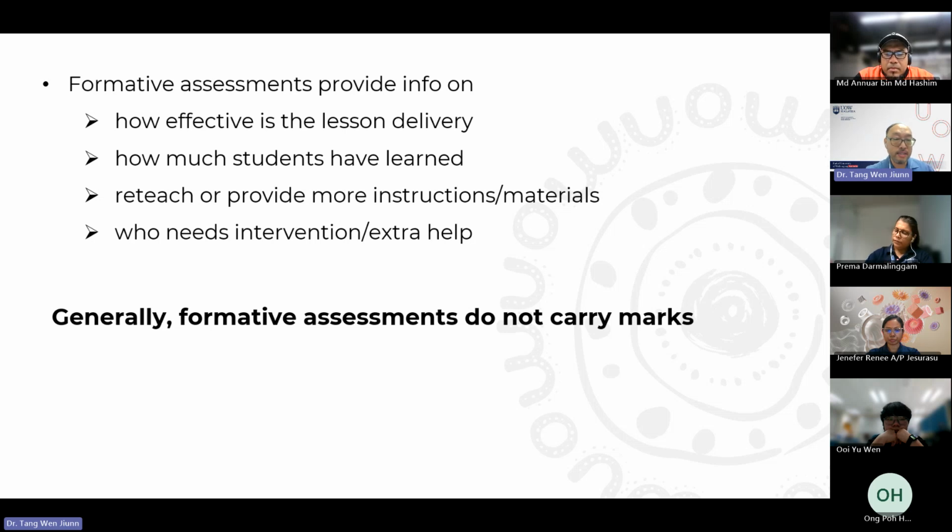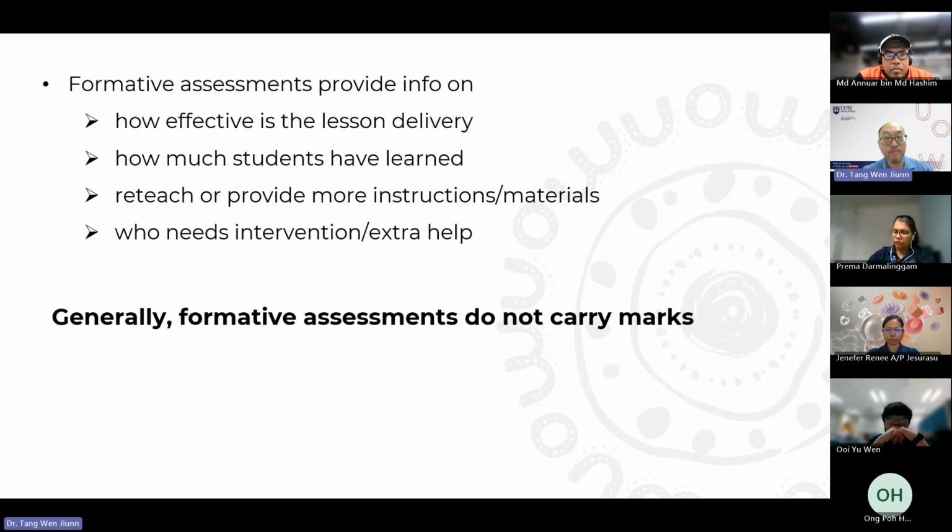So these are the things that we can gather. First, how effective is the lesson delivery? If they can answer the questions at the end of the day, it means for the information we deliver, they managed to process and retain. Second, how much students have learned?